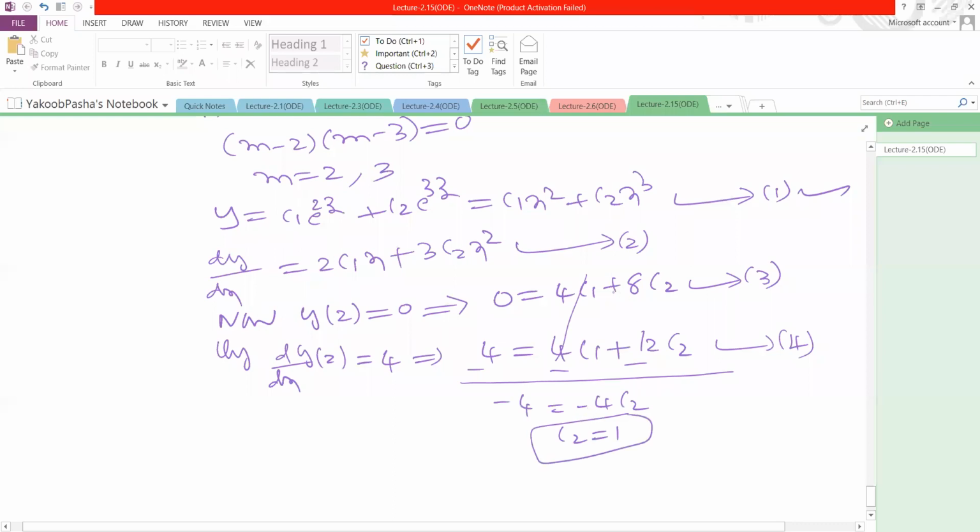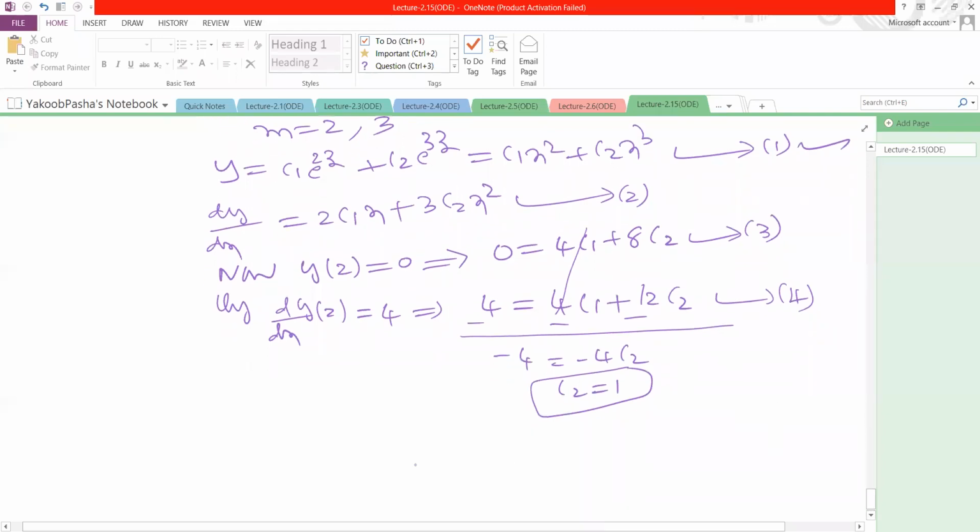After getting c2 value, we can write the c1 from equation 1. That is 4c1 plus 8 equal to 0. From this c1 is equal to minus 2. I'm sorry, it is c1. c1 is equal to minus 2, c2 equal to 1.